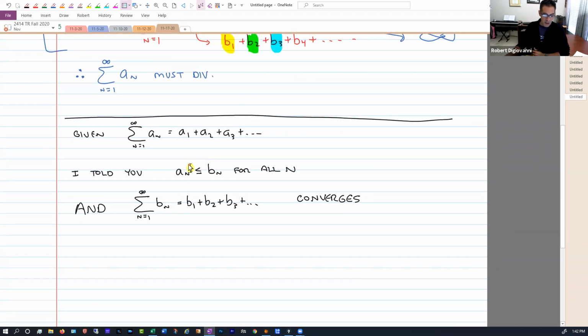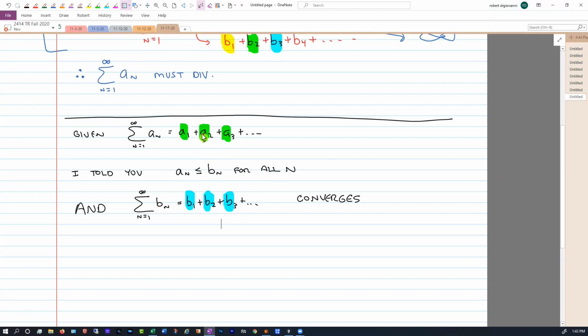So think about this. If all of the guys in green are smaller than all of the guys in blue, and all these add up to a number, and these guys have to be smaller, then these guys should add up to a number, shouldn't they? Yes. What if they add up to negative infinity?